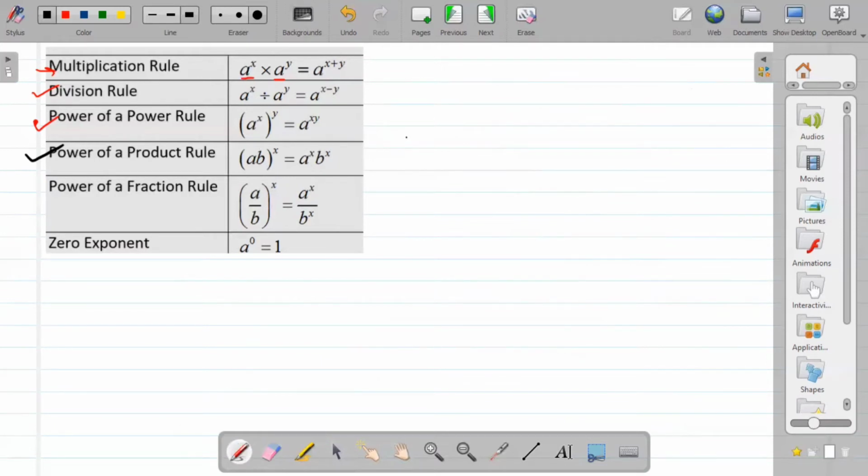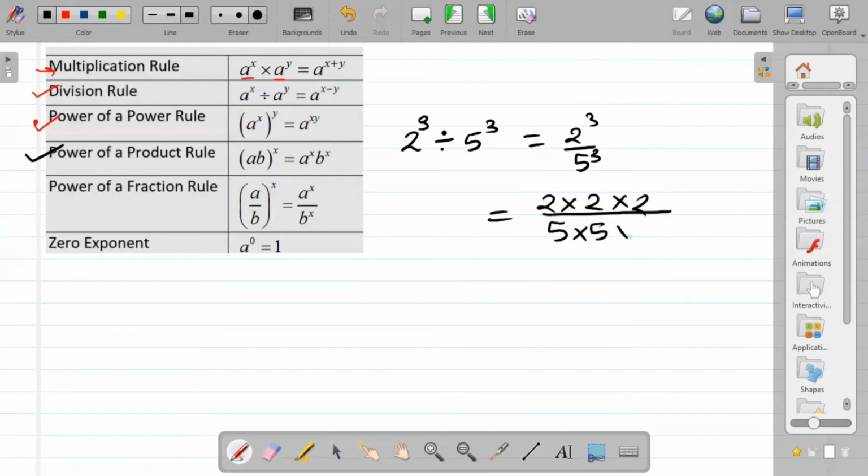Let's just have one example. Same example we will take 2 raised to 3 divided by 5 raised to 3. Okay, now I can write the division in the fraction format. You know very well. Now explain it. 2, I can write 2 into 2 into 2, divided by 5 cube, I can write 5 into 5 into 5, which is nothing but equal to.